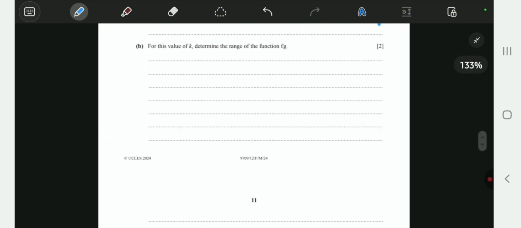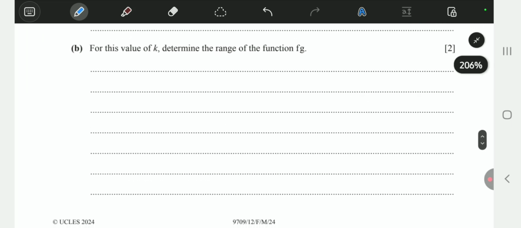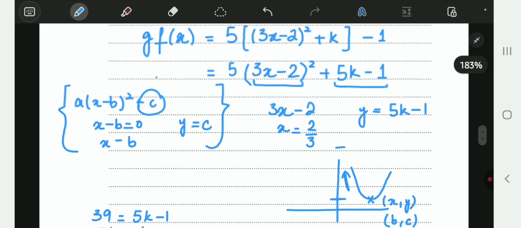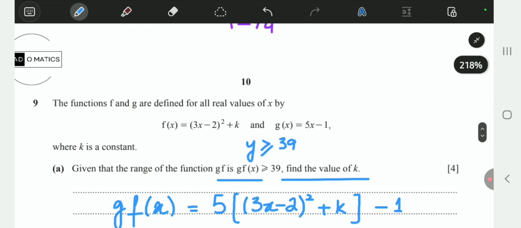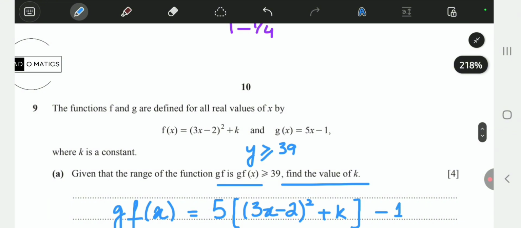Now let's get to part B. For this value of k, determine the range of the function f of g. Now f of g is like the opposite of g of f. For f of g of x, first write f of x, then substitute g in that.